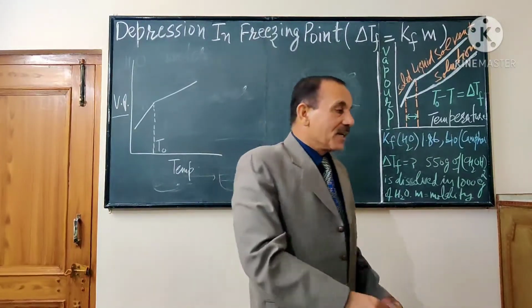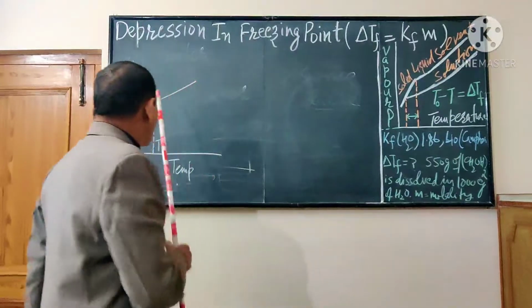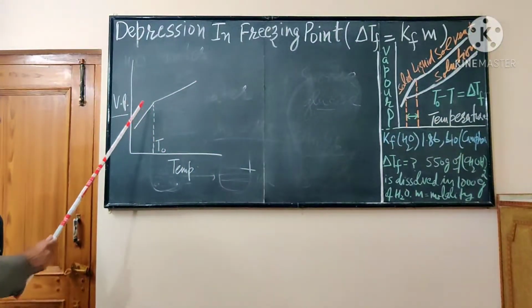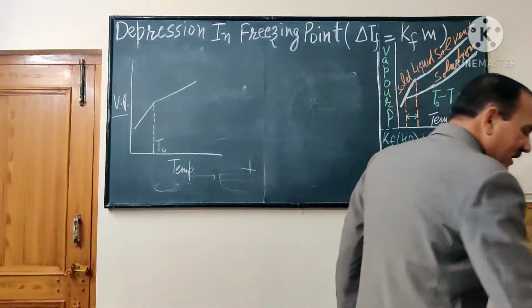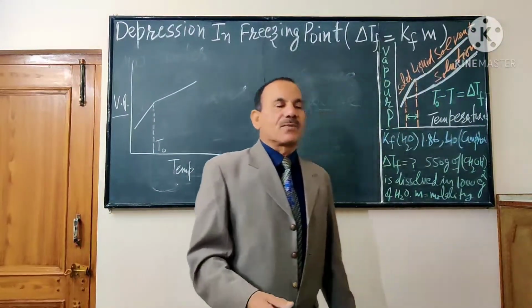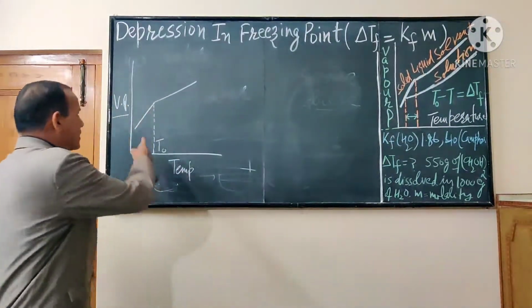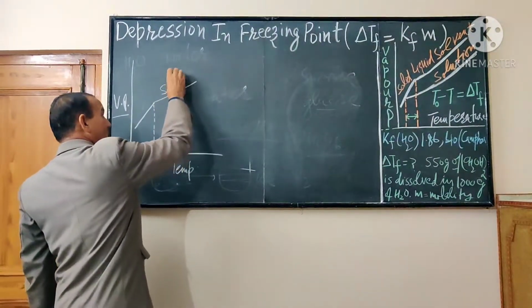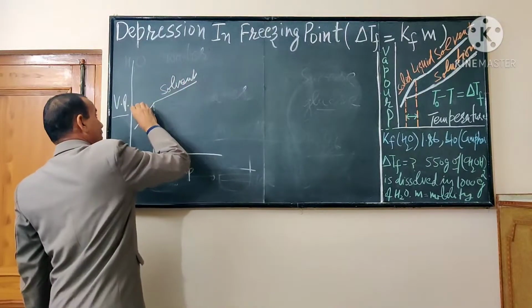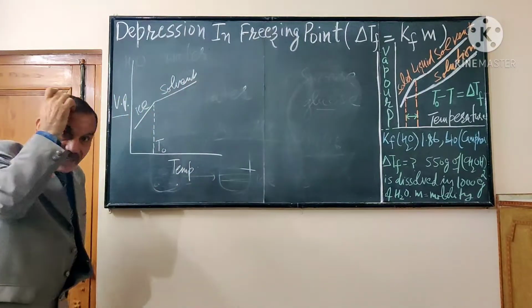So there is equilibrium between the solid and vapors below 0 degrees Celsius, and vapors are formed in a very small amount. That is why the vapor pressure here is very low. So this is your solvent in the liquid state, water, and here we have the ice, or solid solvent.